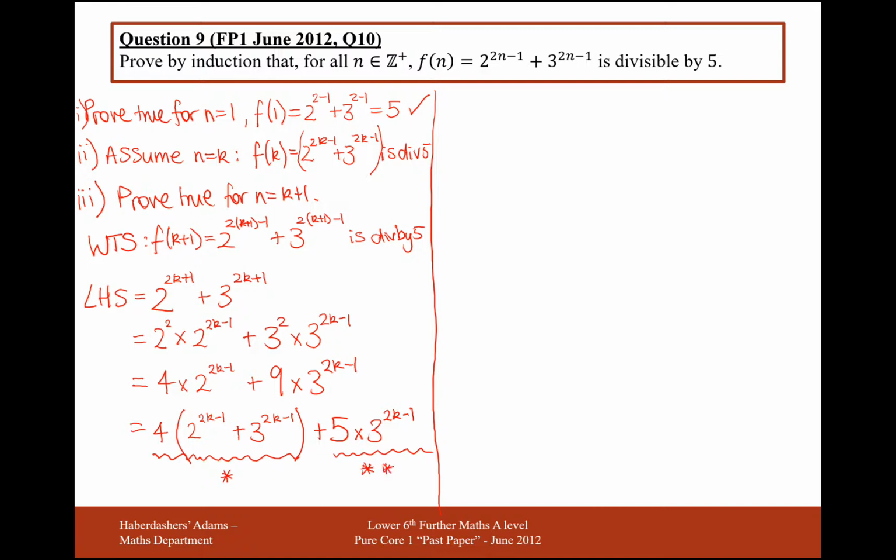divisible by 5. And I'll need to write down explanations for this, so I'm going to highlight the first part of it with a star. This star part is divisible by 5 by assumption.